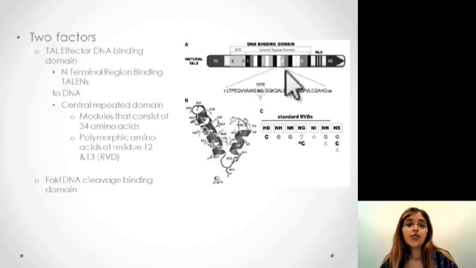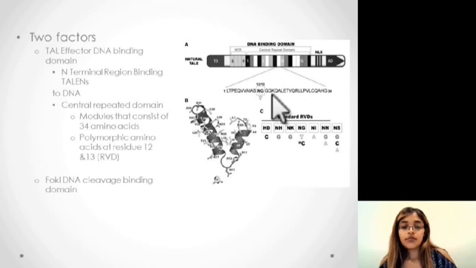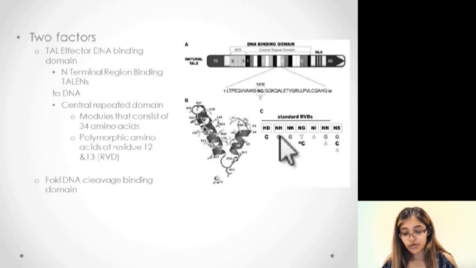Amino acids that are located at positions 12 and 13 are responsible for the one nucleotide binding to the DNA. And this is called RVDs, which stands for repeat variable diresidue.